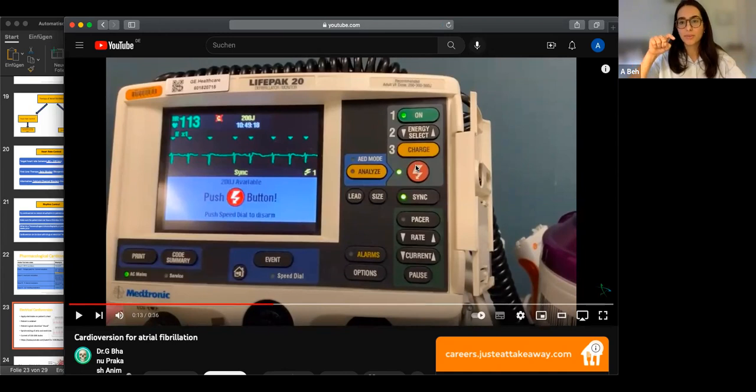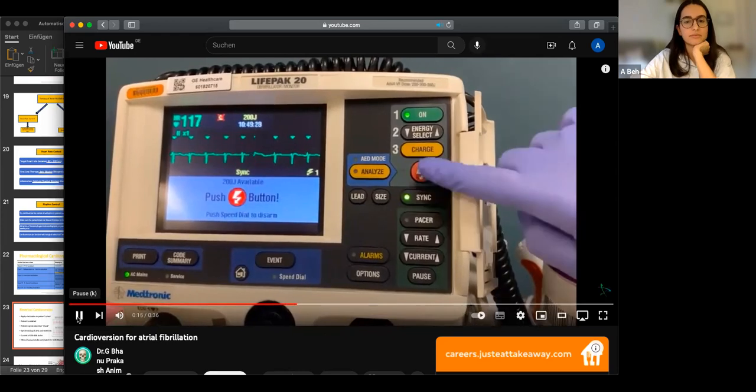And before you push the button, you have to make sure that everyone stands clear of the patient's bed. So do not touch the patient, not his body, not his bed, whatever, because otherwise you might be given an electrical shock, which is very dangerous. So you make sure that everyone stands clear. And the woman is now going to give the shock to the patient. I want you all to watch the ECG of the patient and his pulse. All clear.